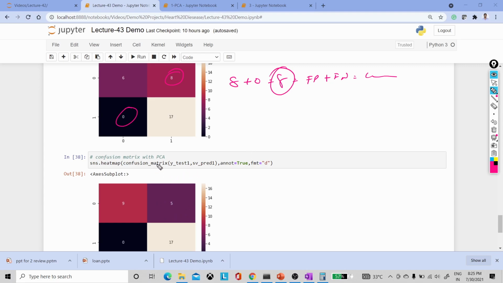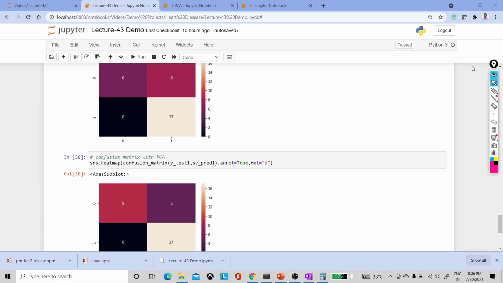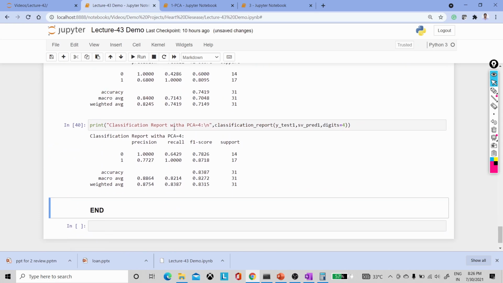Here with PCA, 5 plus 0 means 5, so FP plus FN, the wrong predictions, is 5. Compared to without PCA, where the number of wrong predictions is 8, with PCA the number of wrong predictions is 5, which means here the error is less, and here the error is more. If you see the classification report, you can understand clearly.